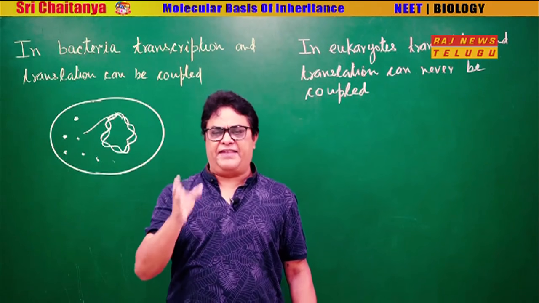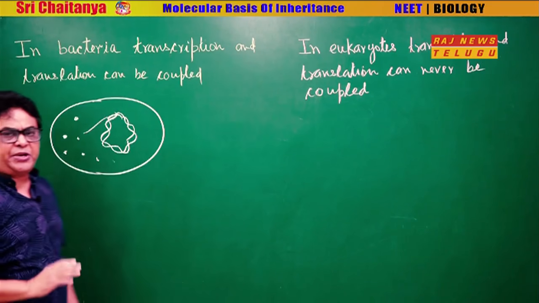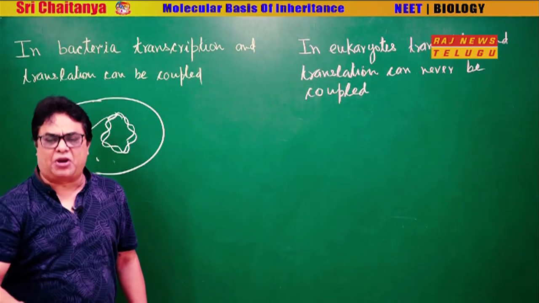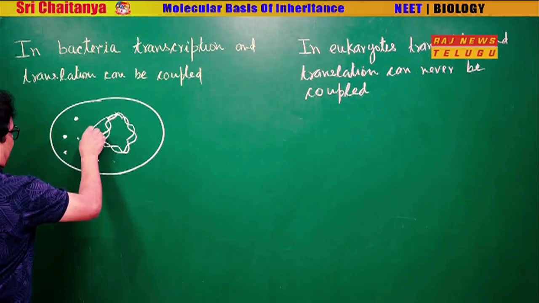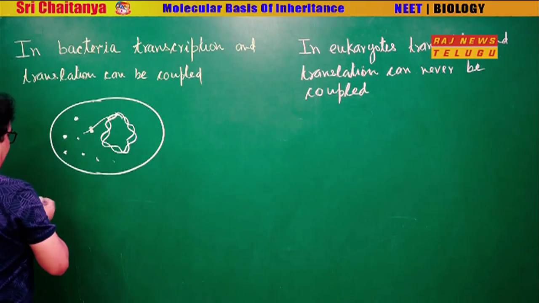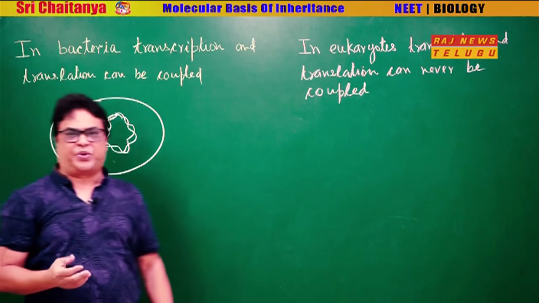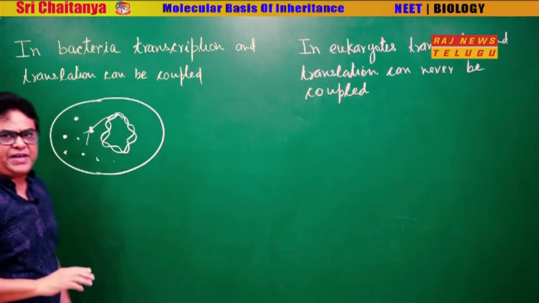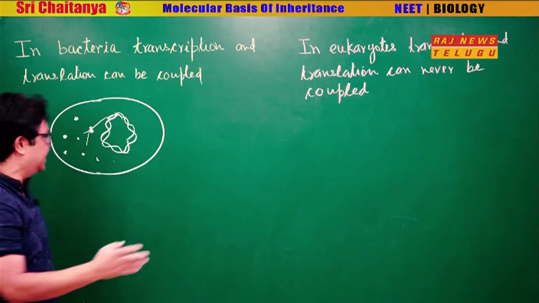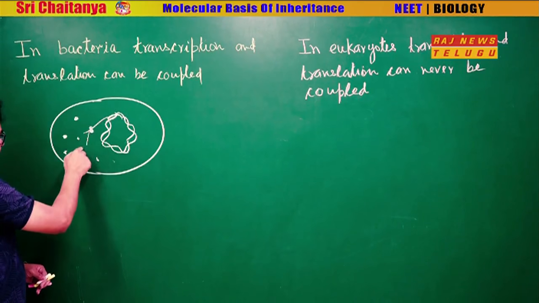So, many a time what happens, while transcription is still continuing, transcription is still not completed, the ribosome binds to the RNA and starts translation for synthesizing a specific protein. So, you see here transcription is still in progress, but the ribosome has bound to the mRNA and started translation.